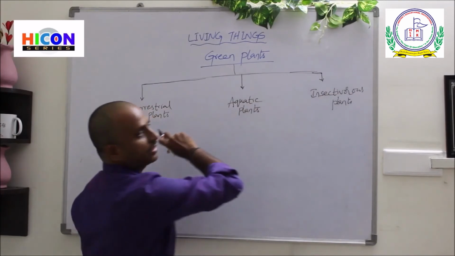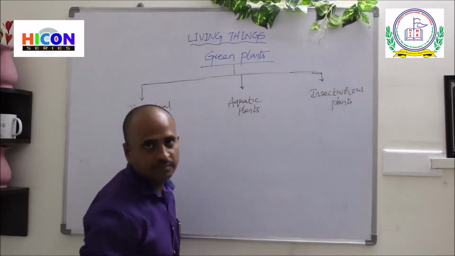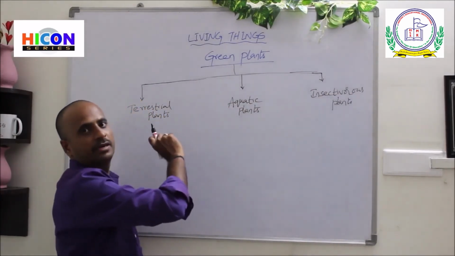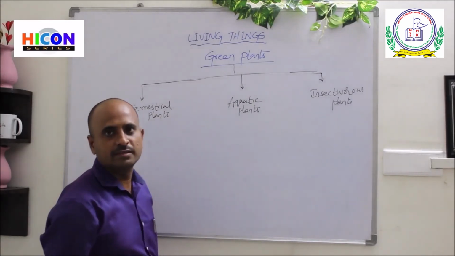So these are the different types of plants which are divided based on their habitats.